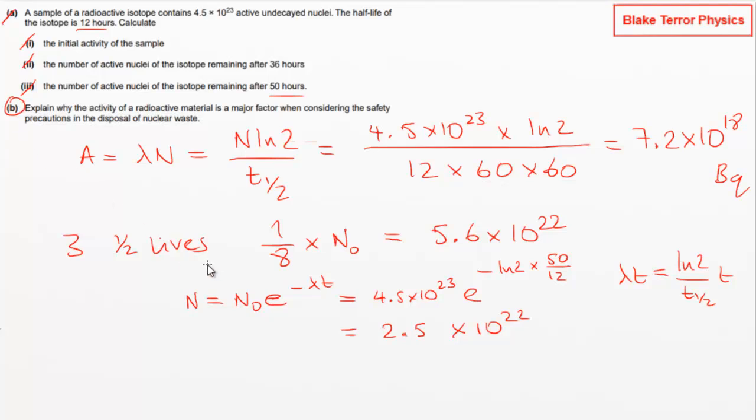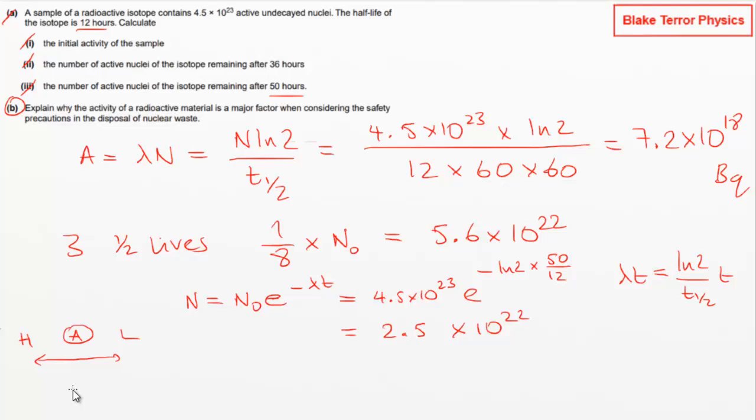B, explain why the activity of a radioactive material is a major factor when considering the safety precautions in the disposal of nuclear waste. Well, you've got a sort of spectrum going on here, going high to low on our activity front.